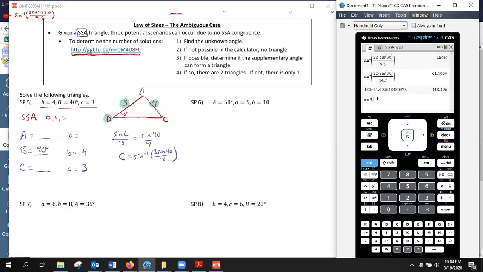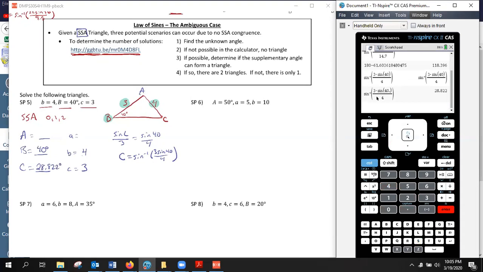We'll take the inverse sine of 3 sine of 40 and divide that by 4. And once again, I forgot to include a decimal point. So that looks like 28.822 degrees. So C is 28.822 degrees.